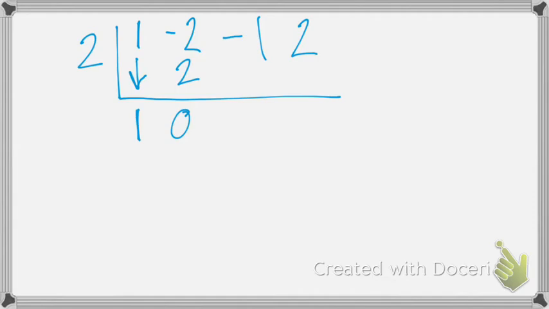And then I do what? 0 times 2, which is 0. A -1 plus 0 is a -1. A -1 times a 2 is a -2. 2 minus 2 is what? 0. Okay. Oh, that's a bad 0.